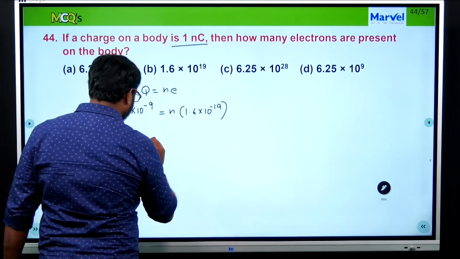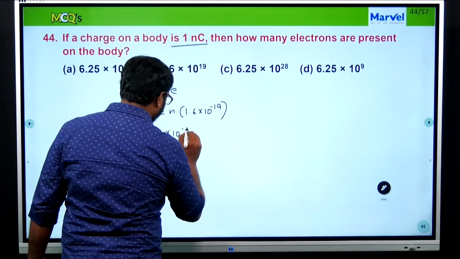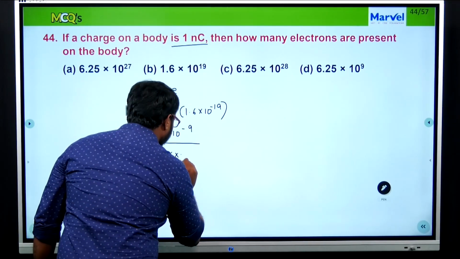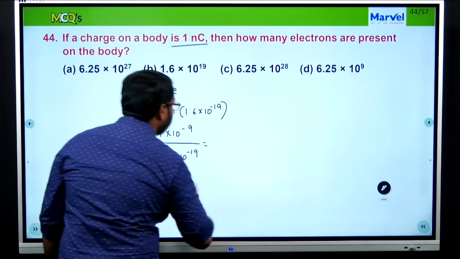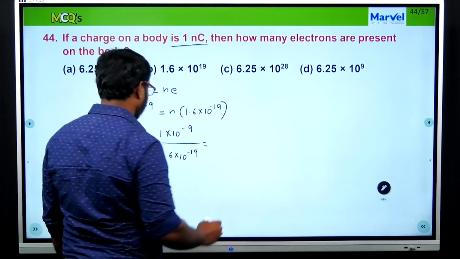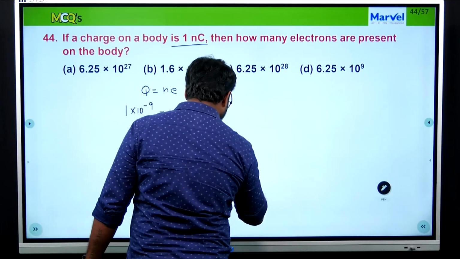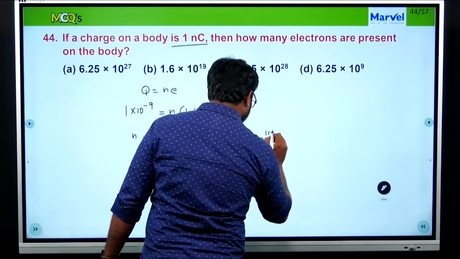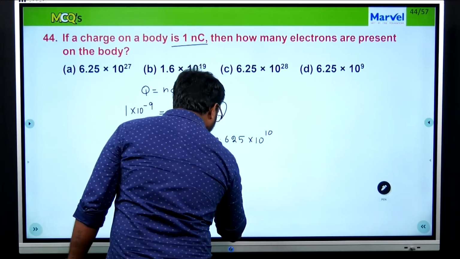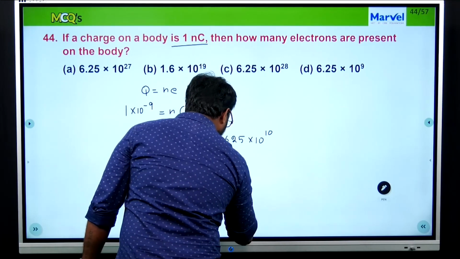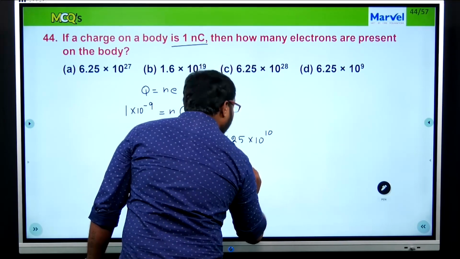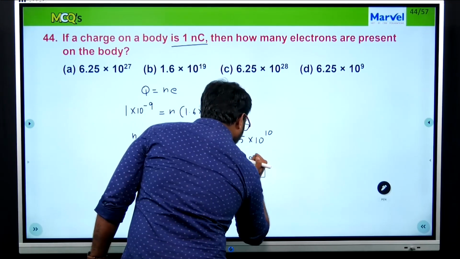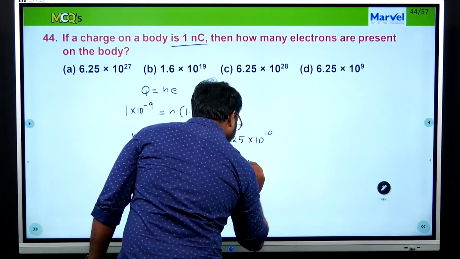So n = 1 × 10^-9 / 1.6 × 10^-19, which equals 0.625 × 10^10. So this is equivalent to 6.25 × 10^9.